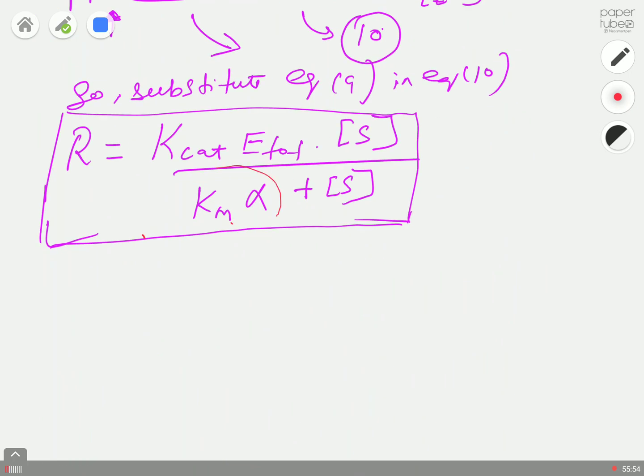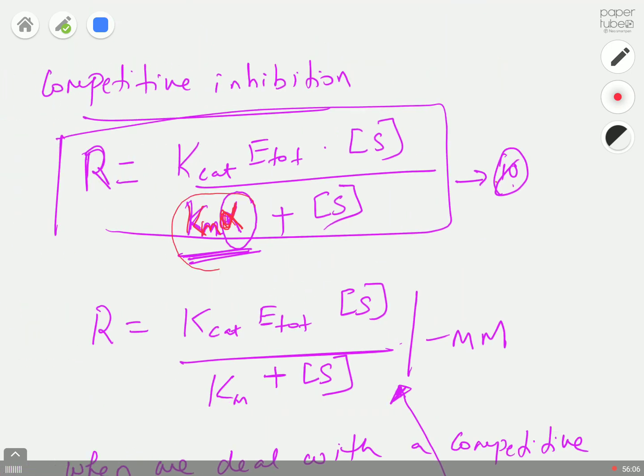You have one more value, Km multiplied by alpha. And then another thing that we learned is whenever we deal with a competitive inhibitor, it's not going to alter your mu max, but it will alter your Km value. That's something you have to keep in your mind.